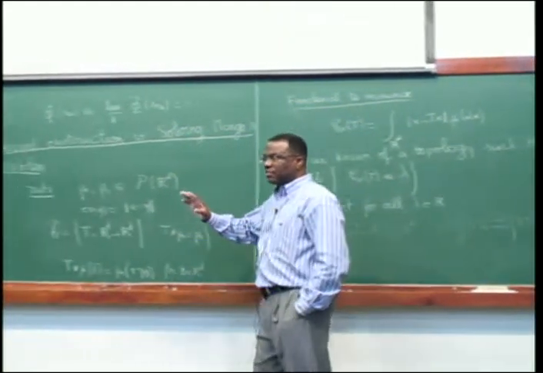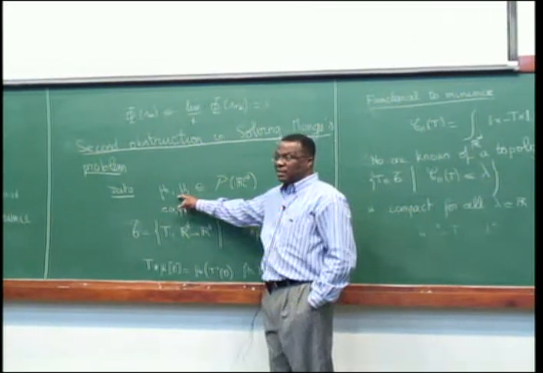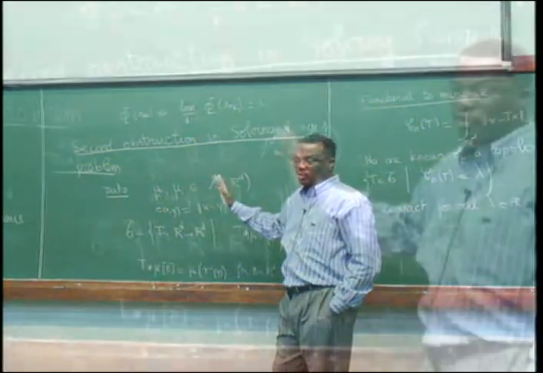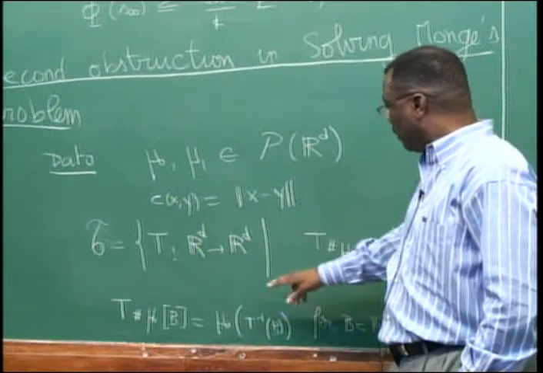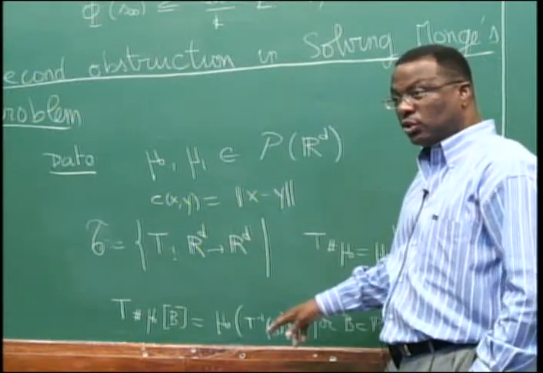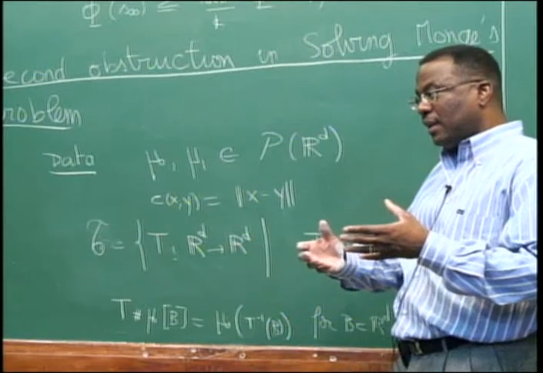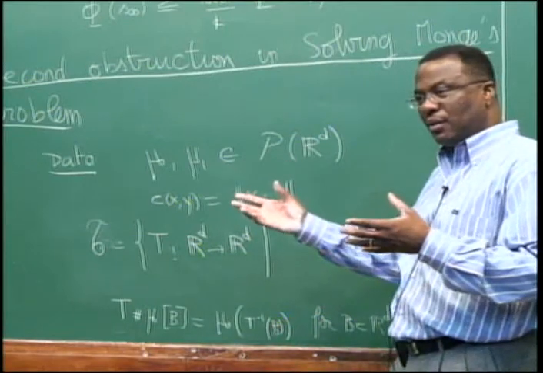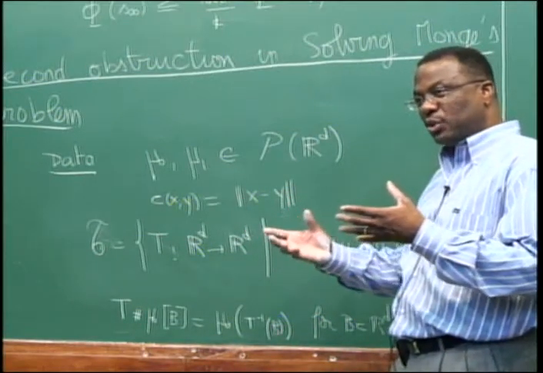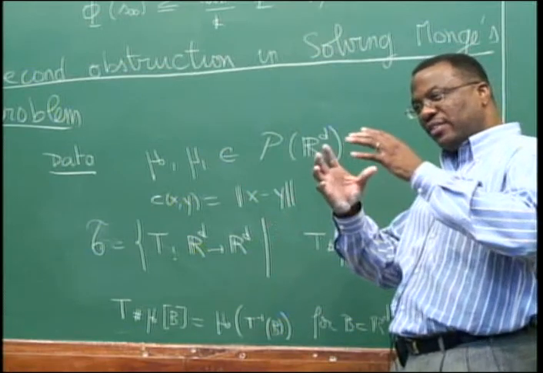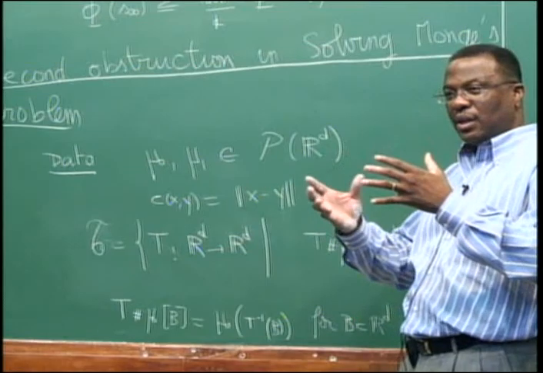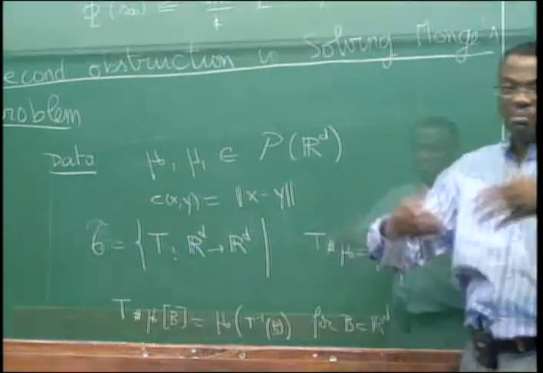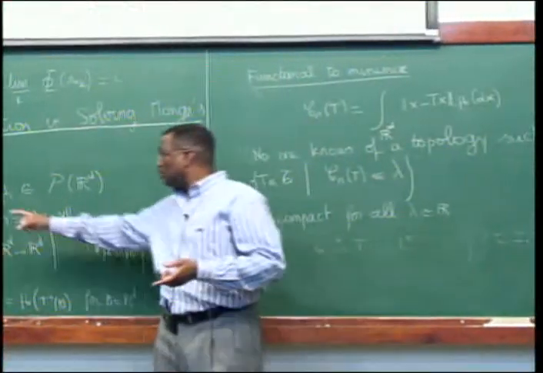So I should have said that anytime I'm dealing with a measure, I am dealing with a Borel measure. So I should have said mu0, mu1 are Borel measures. I consider T which are Borel maps. In that case, if you take a T which is mu0 measurable, then you modify it on a set of zero measure, and then you get a Borel function. And so there is no distinction if I impose Borel or if I impose measurable with respect to mu0.